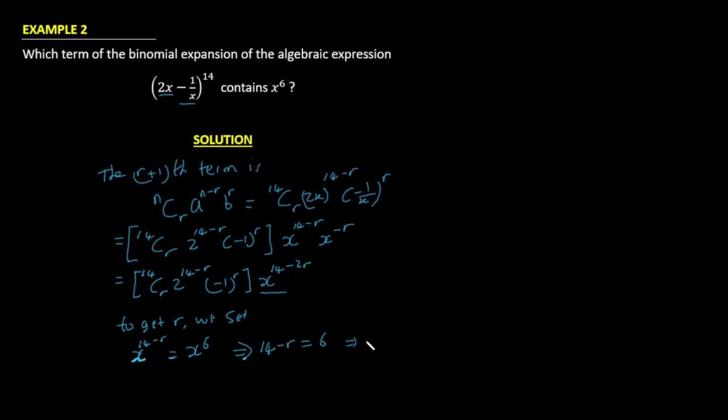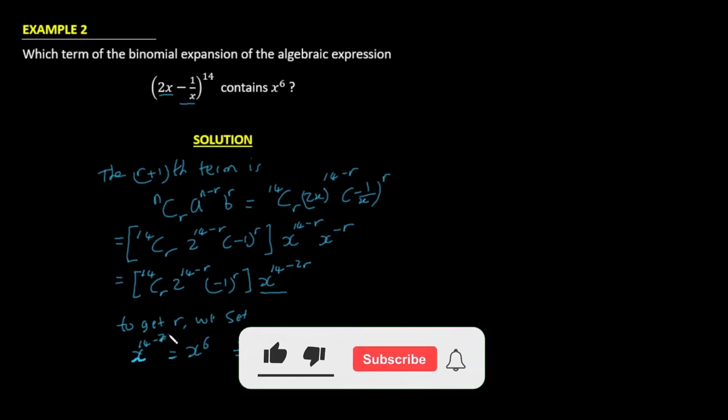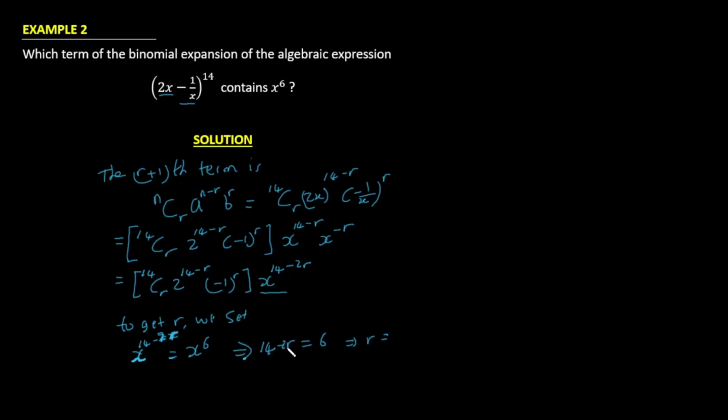So 2r equals 14 minus 6, so our r is 14 minus 6 divided by 2, which is 8 divided by 2, which is 4.